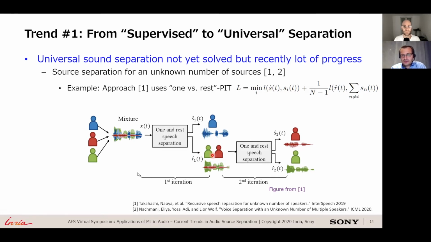And the idea is now to iteratively apply this one-and-rest speech separation system to separate the mixture until basically we have really split the mixture into all these speakers, into all these sources. So for example, here for 3 speakers, we have to apply twice this network until we really have all the 3 speakers separated. And the recursion is stopped whenever the residual output doesn't contain speech anymore, which can be, for example, checked with a simple voice activity detector.